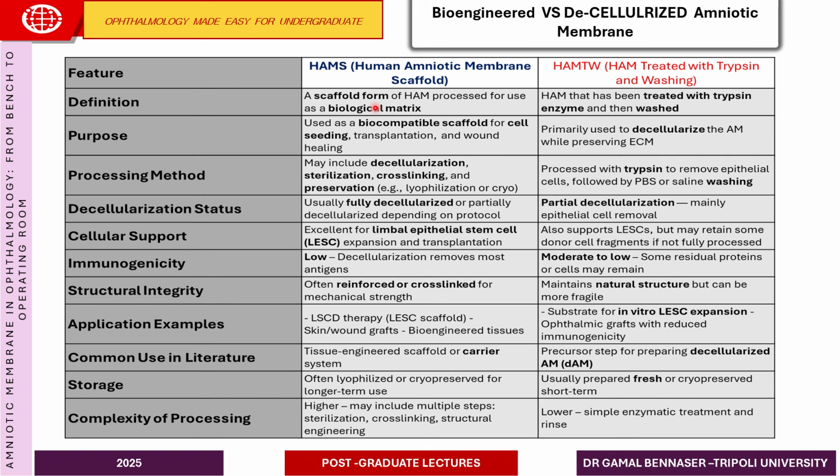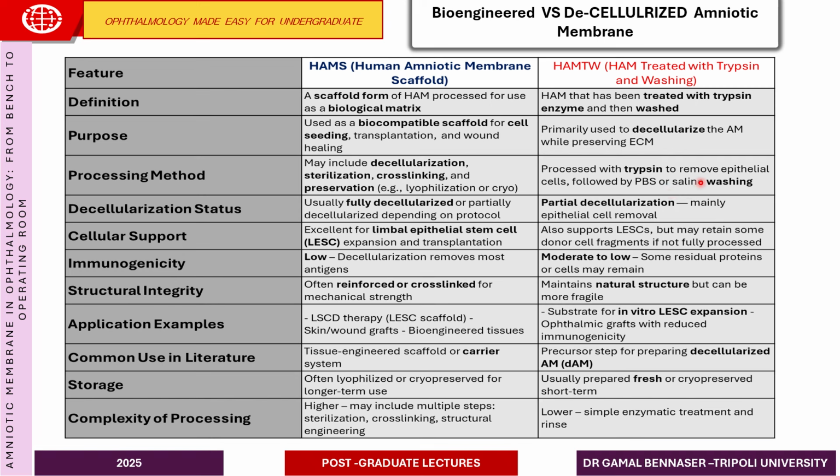The processing method includes decellularization, sterilization, and then cross-linking, and finally preservation by lyophilization, as I explained before, or by cryopreservation. However, this one involves trypsin application and removal of the epithelial cells, followed by PBS application and washing.